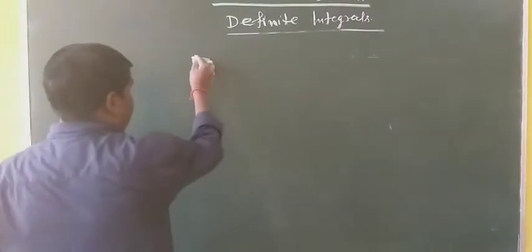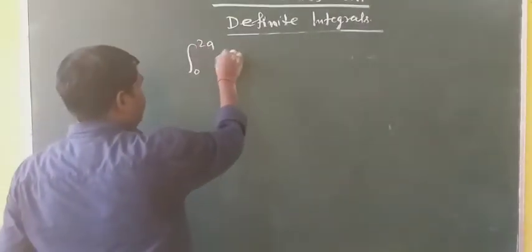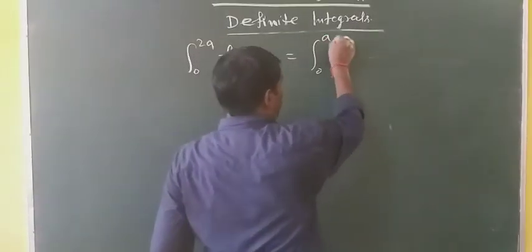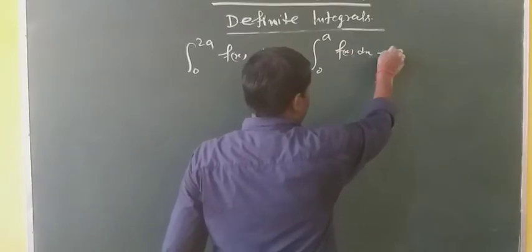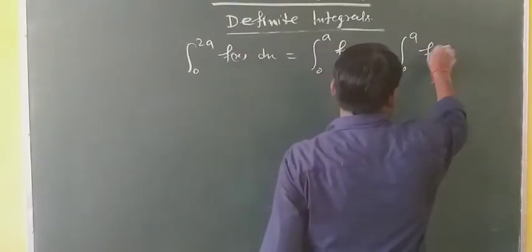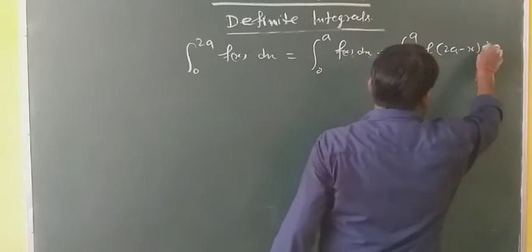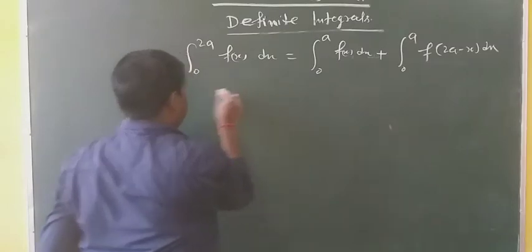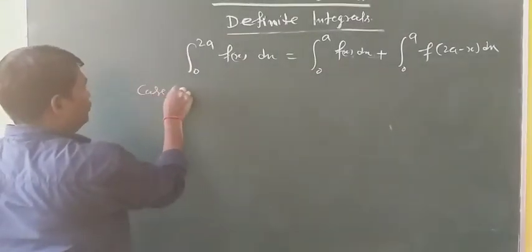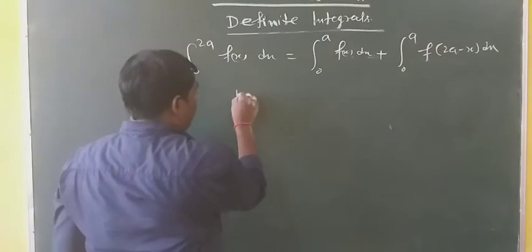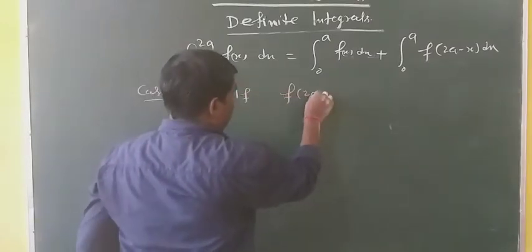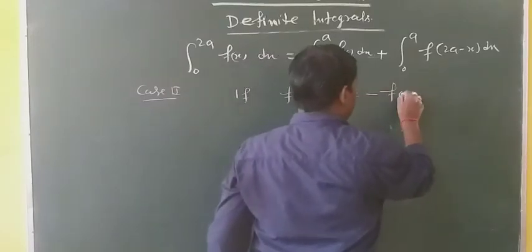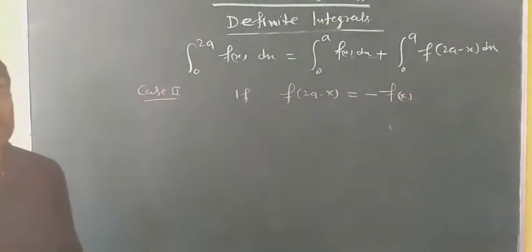Now in the same property, integral from 0 to 2a of f(x) dx is equal to integral from 0 to a of f(x) dx plus integral from 0 to a of f(2a minus x) dx. In the same property, now case 2: if f(2a minus x) is equal to minus f(x), then what will happen?